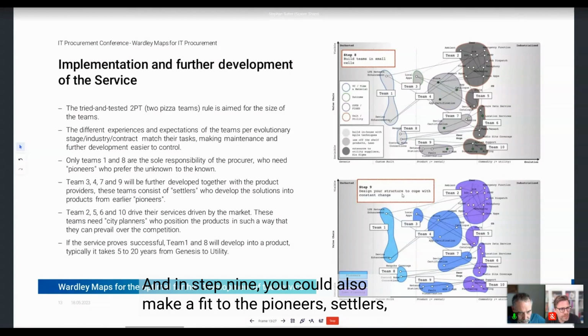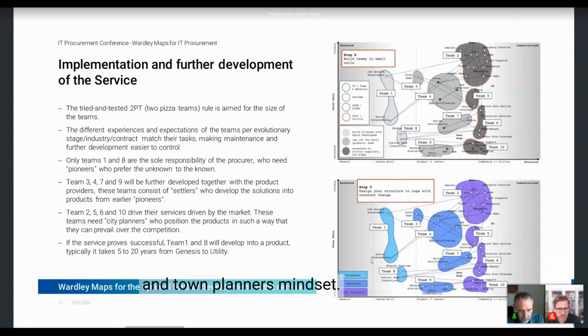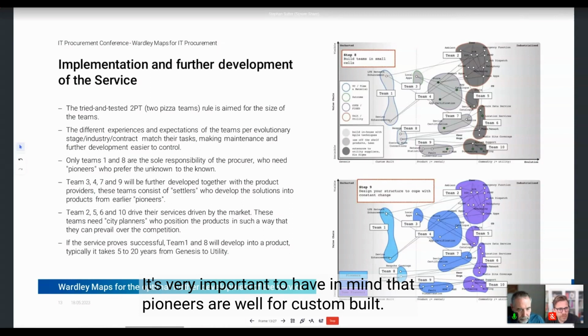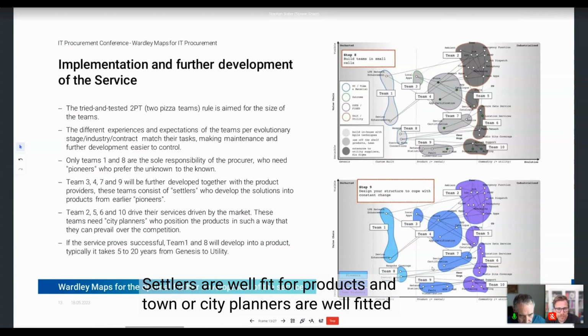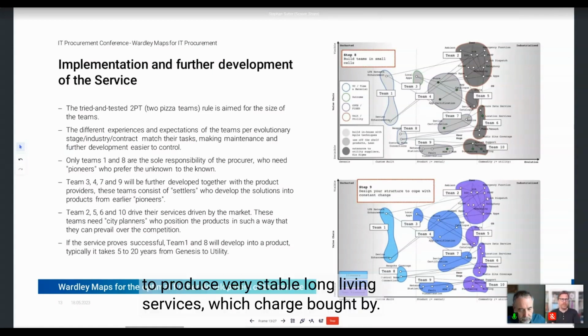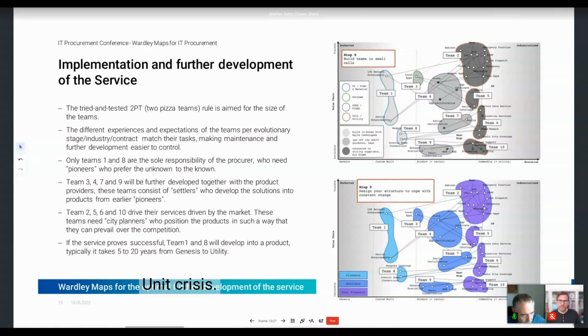And in step 9, you could also make a fit to the pioneers, settlers, and town planners mindset. It's very important to have in mind that pioneers are well for custom build, settlers are well fit for product, and town or city planners are well fitted to produce very stable, long-living services which are bought by unit prices.